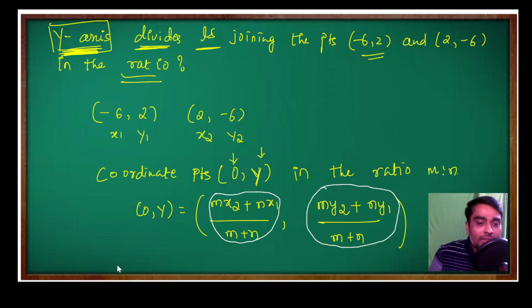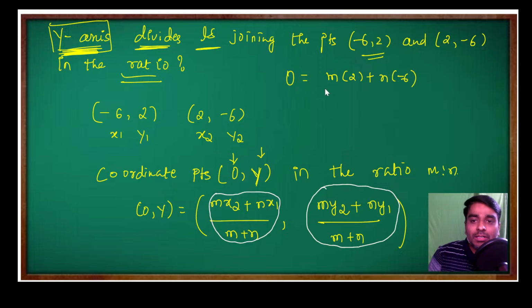We'll substitute these values first, (0, y), or you can equate directly. 0 equal to m times x2, which is 2, plus n times x1, which is -6, divided by m plus n.